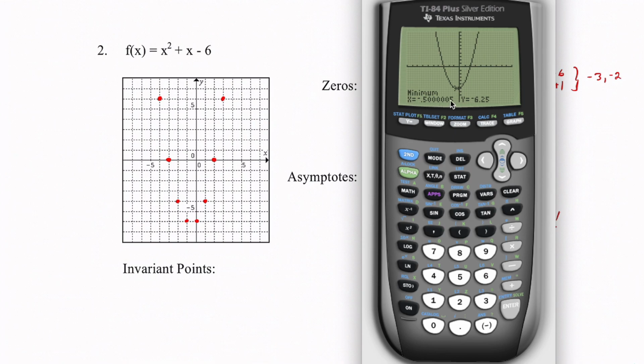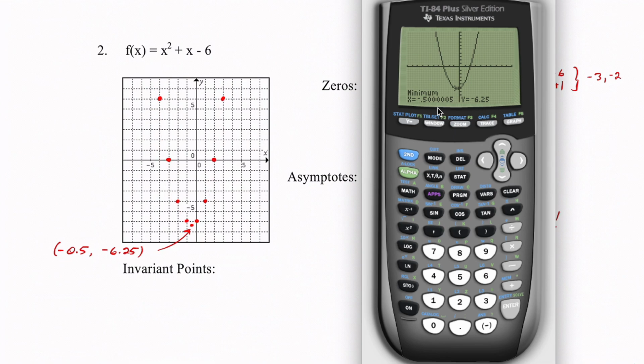It's approximating, that's why it has all these other decimals here, but we can just leave it as negative 0.5. So let's plot that on here. It's going to be right about there. And then I'm just going to label that point. So it was negative 0.5 and negative 6.25.